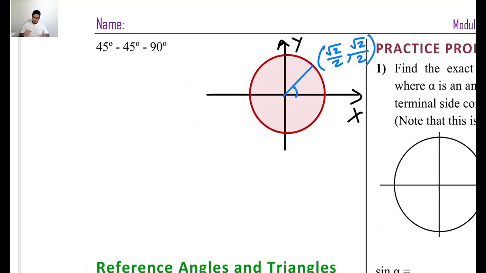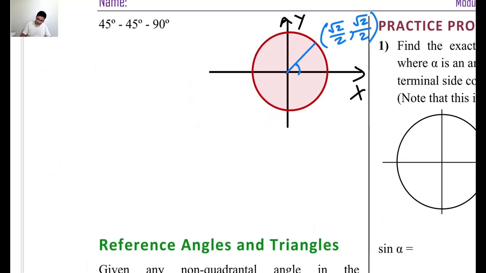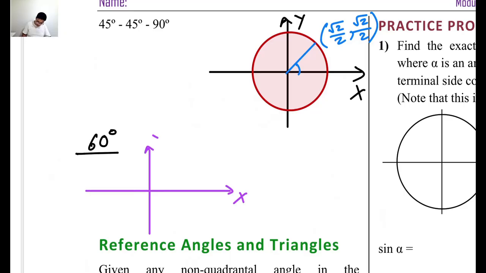And earlier we saw 30 degrees. There's a counterpart to it, the 60 degrees. So I just write that here, and the 60 degree diagram is like this. Let's say that is 60 degrees.